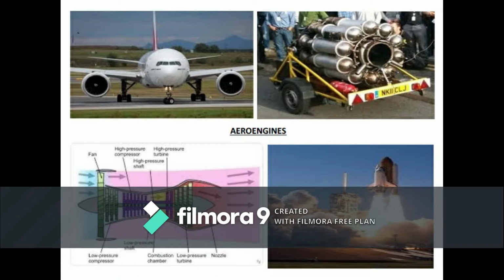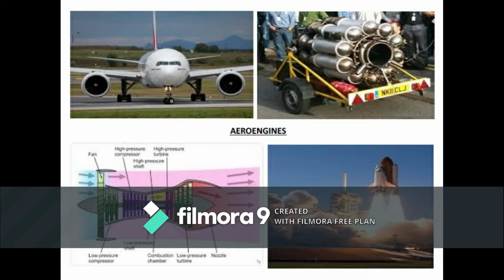That particular part only I talked about in my previous video, and now in this video I am going to talk about an aero engine which is mainly responsible to create thrust force and make the aircraft move forward.